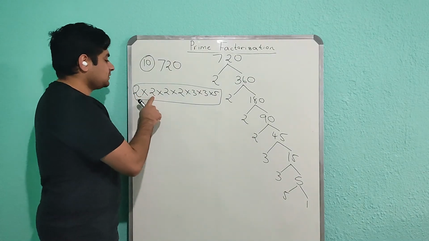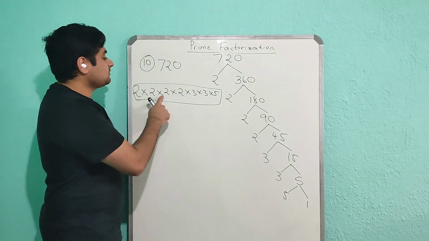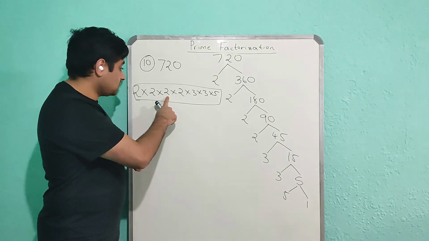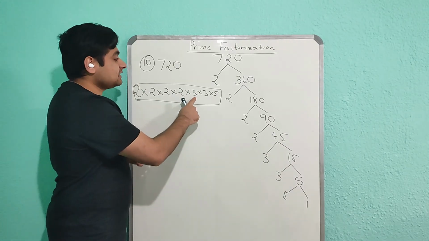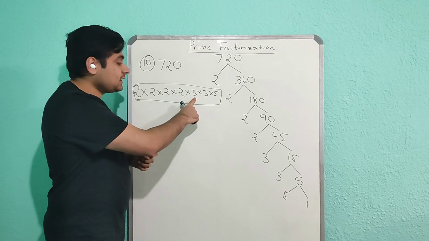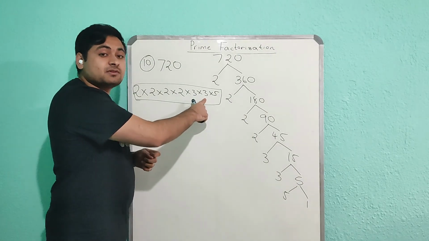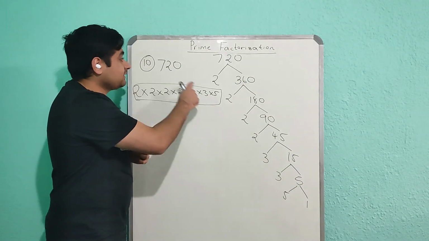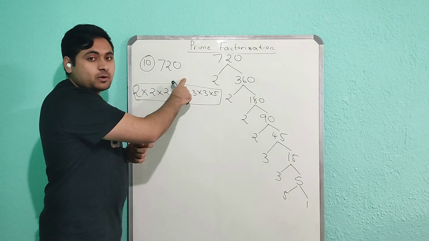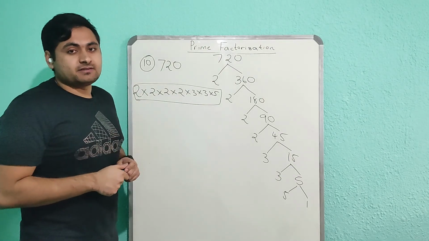So what is 2 times 2? That's a 4. What's 4 times 2? That's an 8. What's 8 times 2? 16, right? What's 16 times 3? 48, right? What's 48 times 3? That's 144, right? And what's 144 times 5? That gives us 720. That was the answer for the final example.